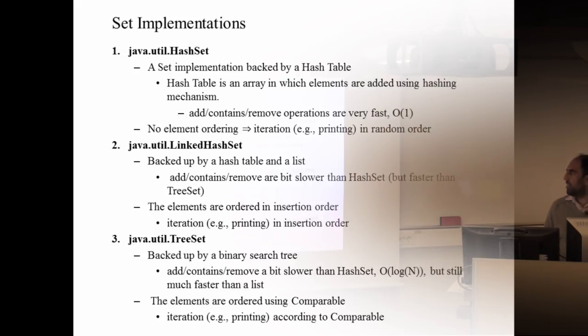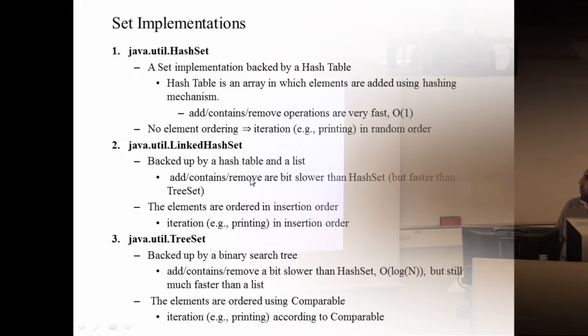On the other hand, the next class, the linked hash set, uses both the hash table and a linked list. Its add, contains, and remove operations are a bit slower than the hash set, but faster than the tree set, so it almost sits in the middle of the two.